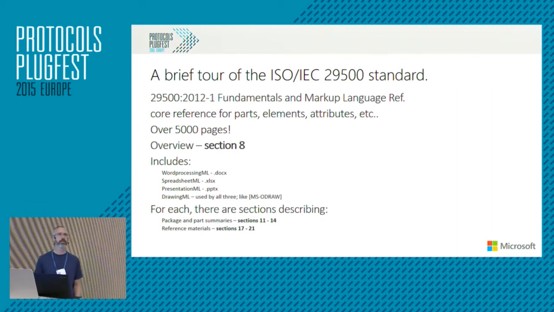There's an overview in section 8. And then it includes the 3 different markups plus the drawing markup, so it includes DOCX, XLSX, and PPTX. For each of these 3 markups, there are part summaries and packaging summaries, and then there are the actual reference materials for the elements and attributes.